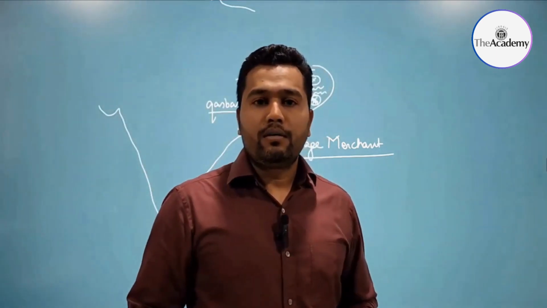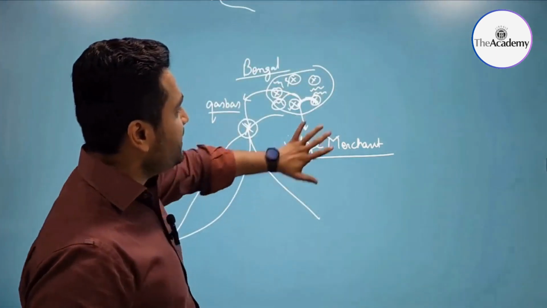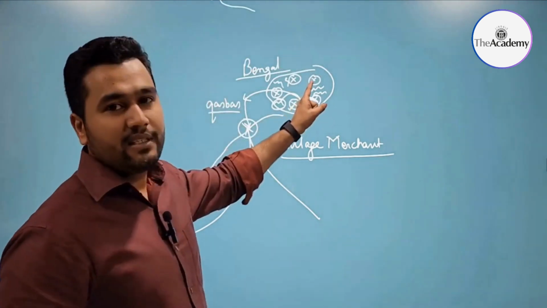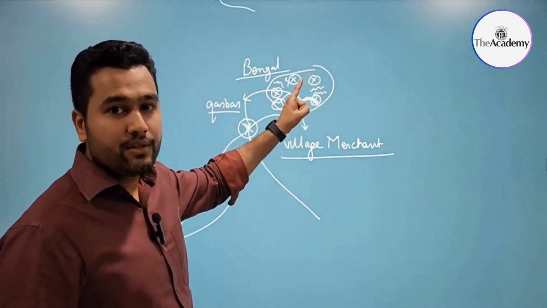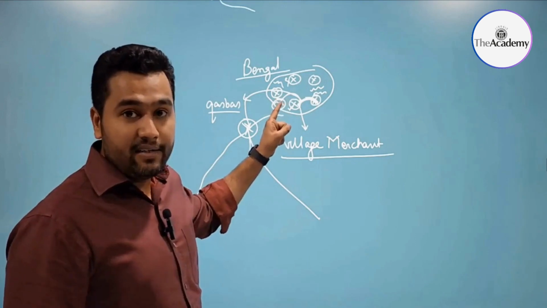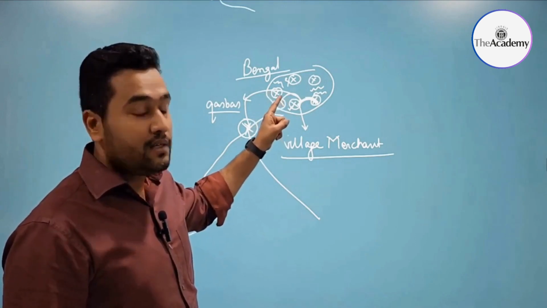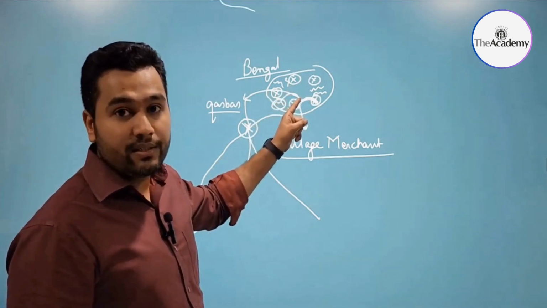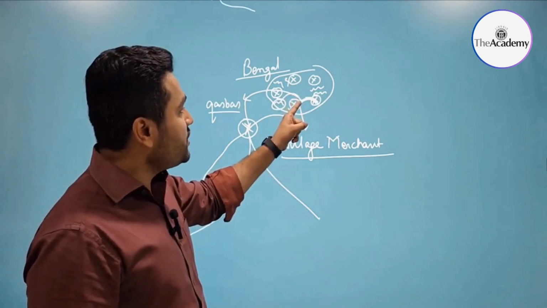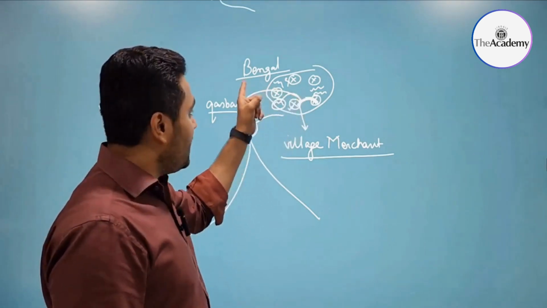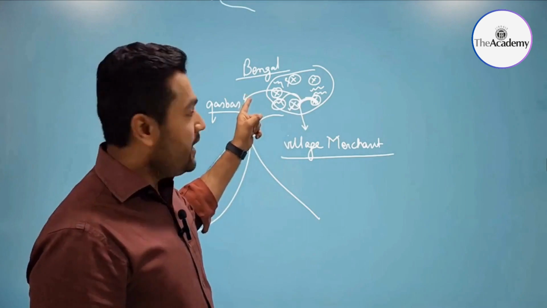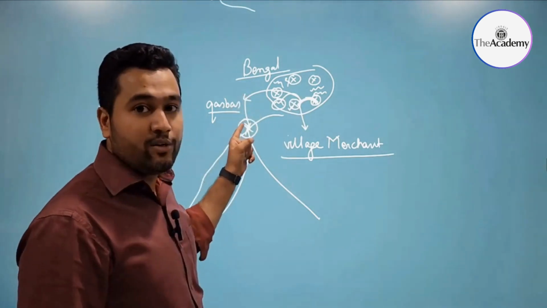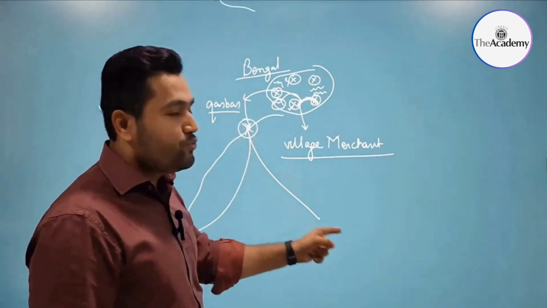So overall, if we look at the entire economic scenario, there were self-sufficient villages, there were caste guilds, there was a village merchant, and mostly the village merchant used to sell the surplus outside in kasbas, and from the kasbas it was taken to the port cities and exported.